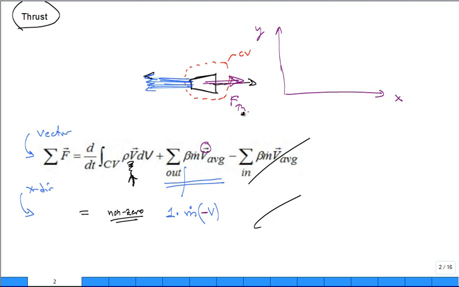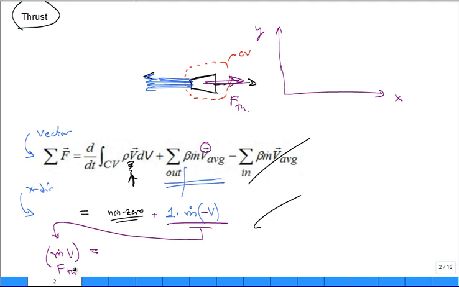What you would do is take this term and move it over to this side. When you moved it to that side, it would be just m dot v. And so now it looks like a forward thrust, forward thrust being m dot v.